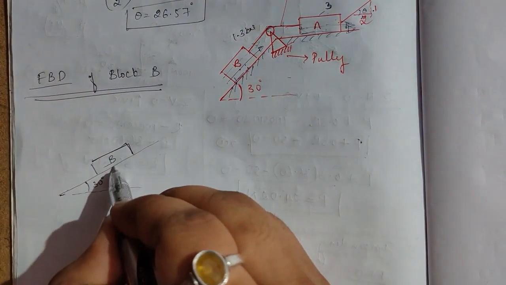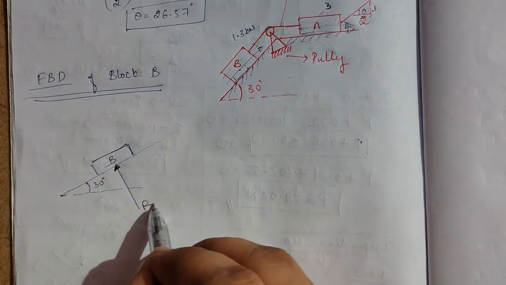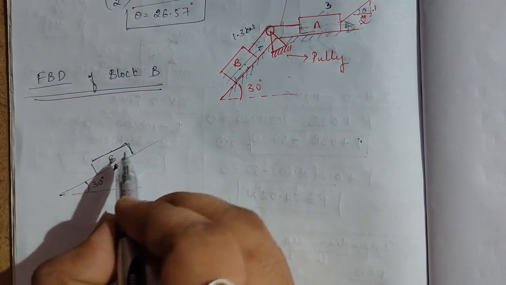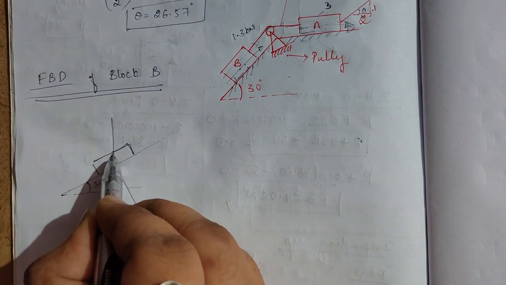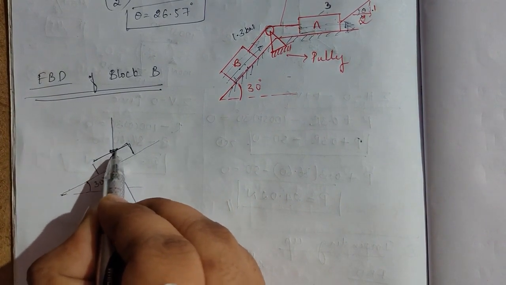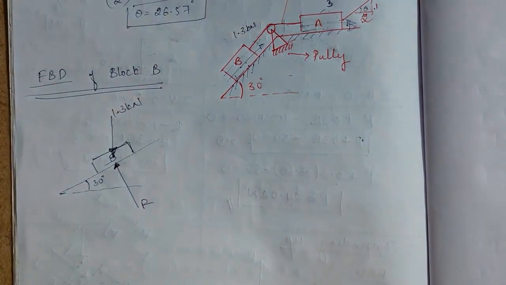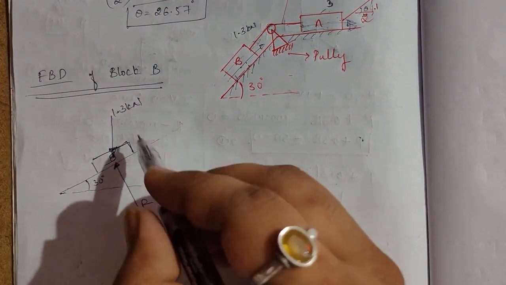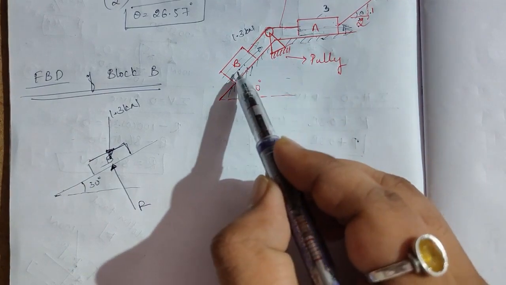Now perpendicular to this force, there will be a force called R. So weight of this is vertical downwards. So what is the weight? 1.3 kilonewton. Okay, so we have to find T such that it drags A so that B will go up.